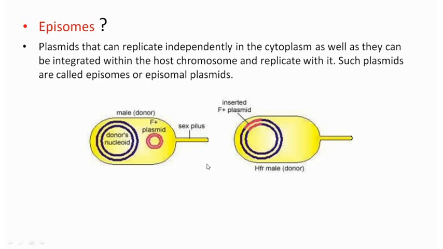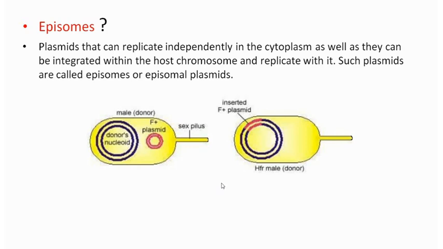So these kinds of plasmids, which can remain independent as well as integrate within the bacterial or host chromosome, are called episomal plasmids. Now, for cloning purposes, the host cells for the plasmids used in cloning are usually RecA negative, so that the recombinant DNA does not integrate within the host chromosome.